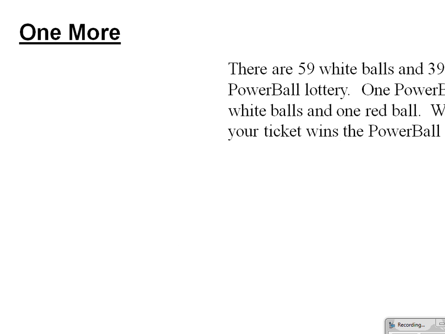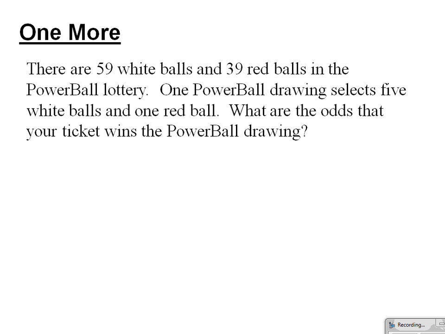Let's do one final game here, one final experiment. Lottery. Everyone loves gambling, right? So, in the Powerball lottery, there are 59 white balls and 39 red balls. One Powerball drawing consists of selecting 5 white balls from the 59 that are there, and then 1 red ball, otherwise called the Powerball, from the 39 red balls available.